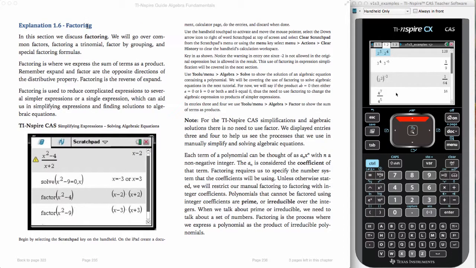The 6th chapter is on factoring, and factoring is used to reduce rational expressions and to solve higher powered polynomials. So we can put factoring commands in here. Although again, on the calculator, we can just do these directly.